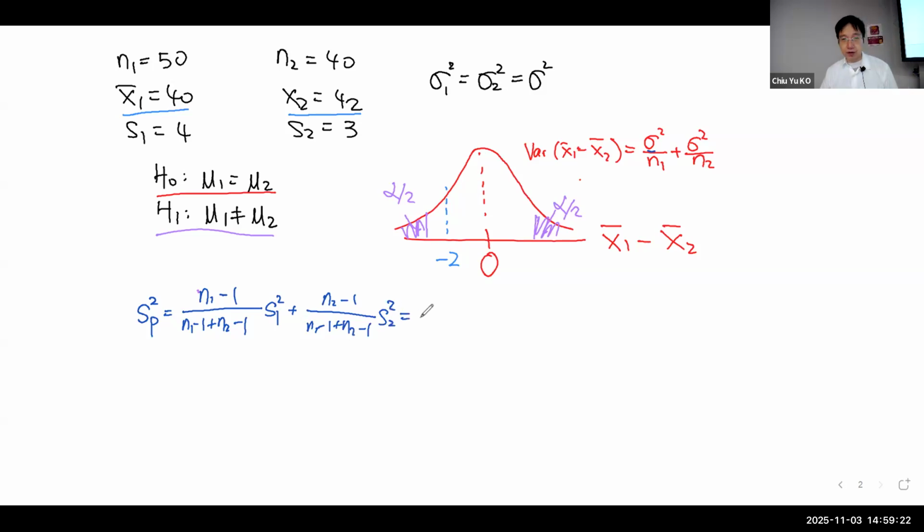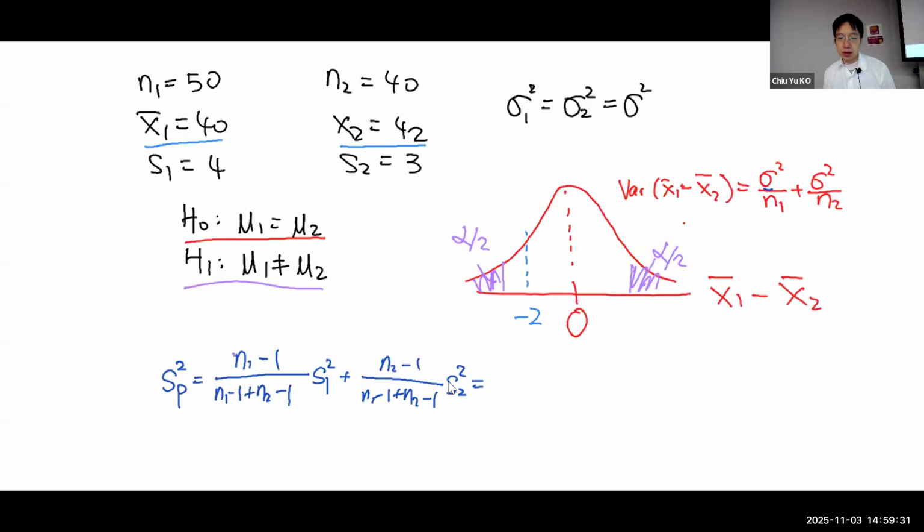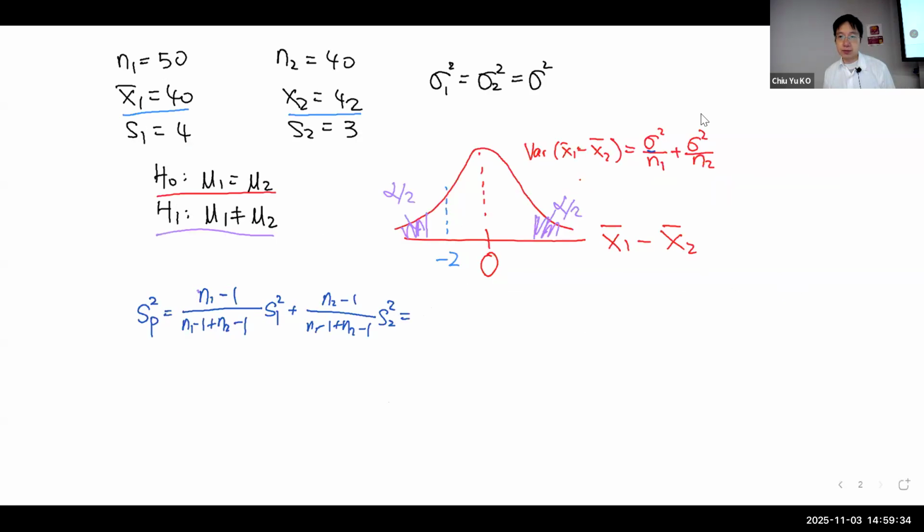I think this is somewhere like 14 or 12. Let me see. It's 12.9. So the best guess is 12.9. So it should be somewhere between 16 and 9, because the sample variance of 1 is 16 and of 2 is 9.